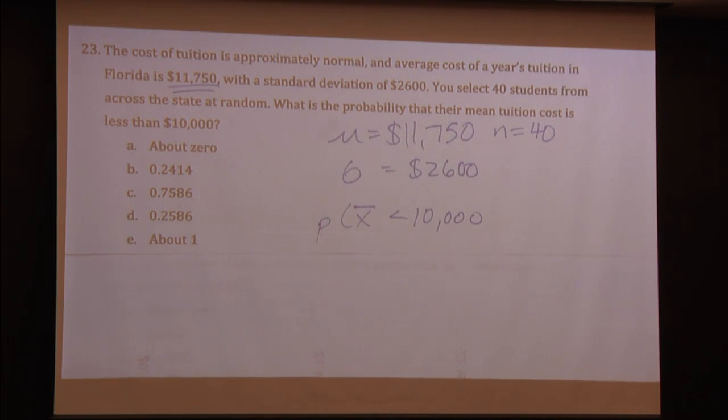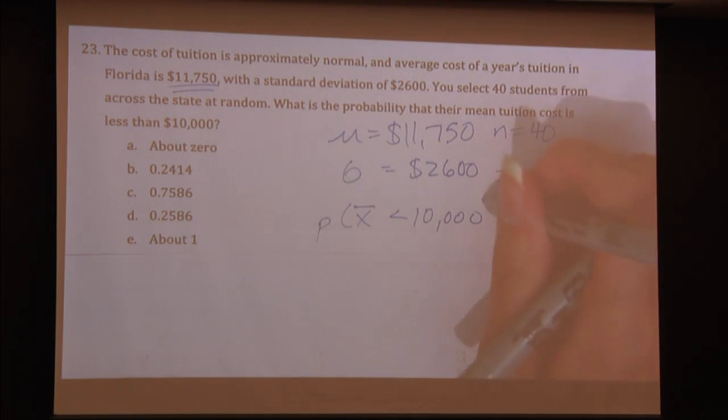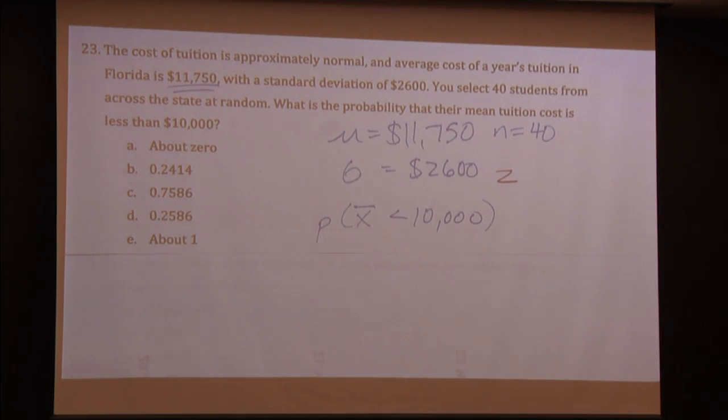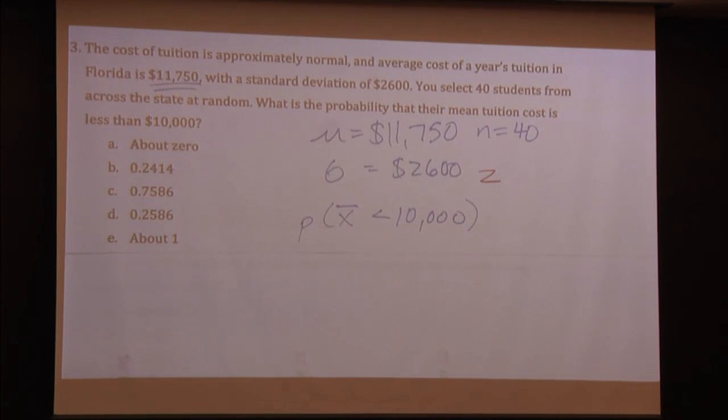So we're going to look at a z-score. How do we calculate our z in this case? What does our formula look like?